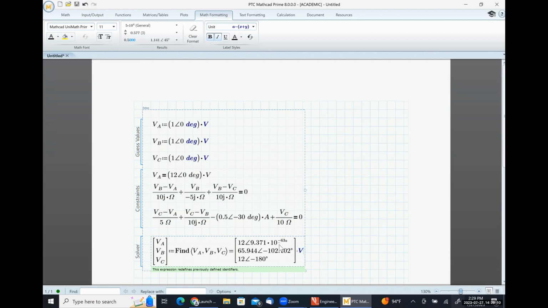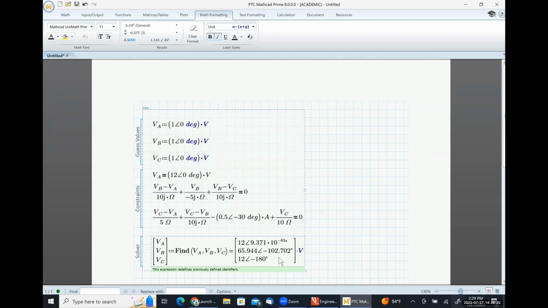So that's its way of fumbling towards 0 degrees. If we played around with our guess values, we might be able to make it say explicitly 0 degrees, but just recognize that that number is incredibly small. So just treat it like it's 0. The phase angles for the other quantities look fairly normal.